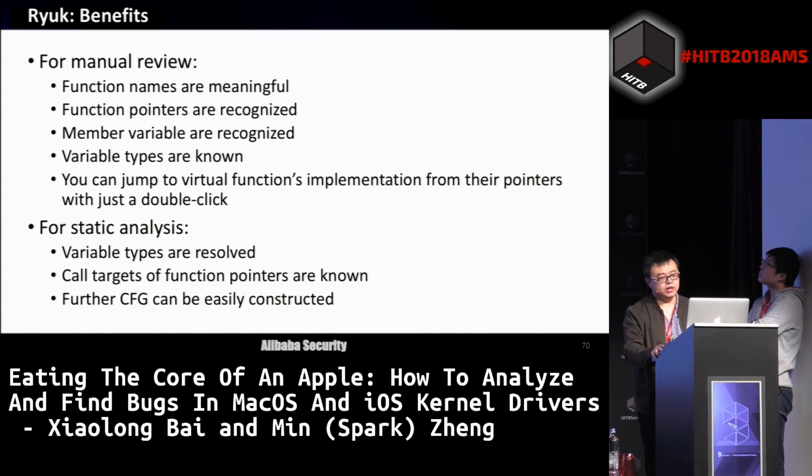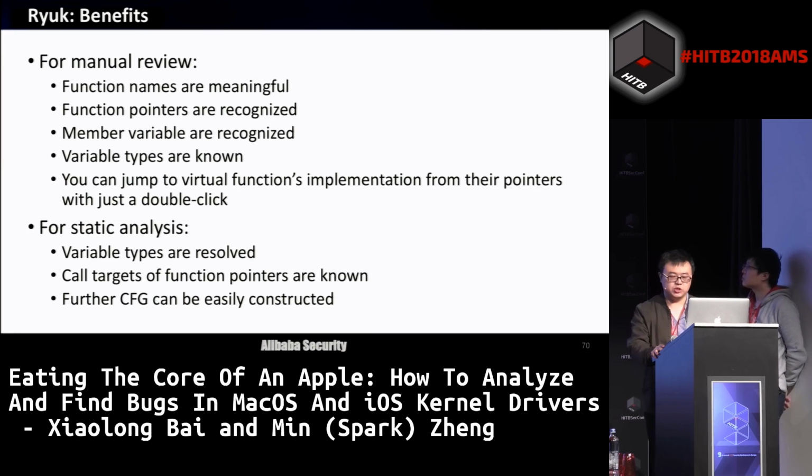And for static analysis, we know that variable types and the targets of virtual function calls are determined right now. So we can further build a call graph and a control flow graph on these functions, and further static analysis can be easily done.